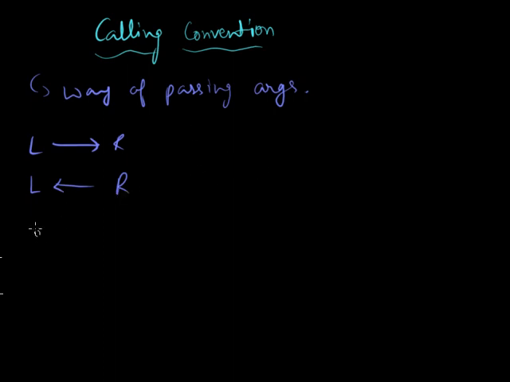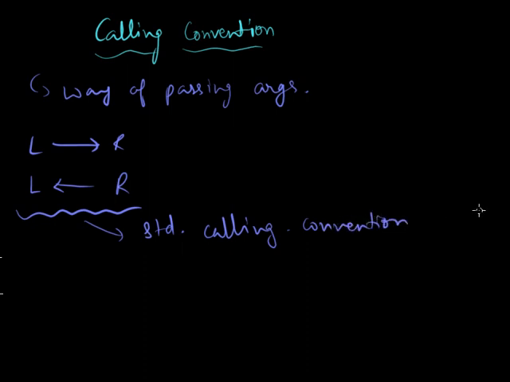The convention of passing the arguments right to left, that is, first the rightmost argument is passed, then going on passing from right to left, is called the standard calling convention. The C language uses the standard calling convention. It is activated by default.